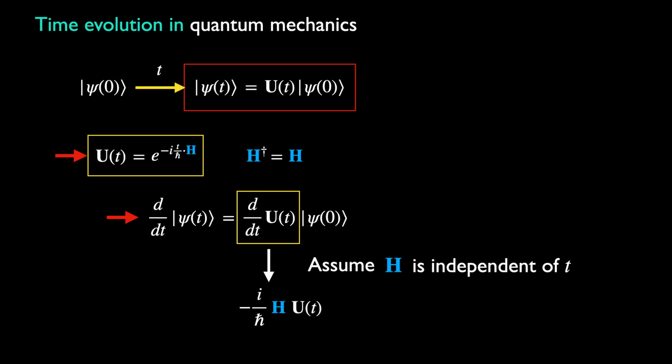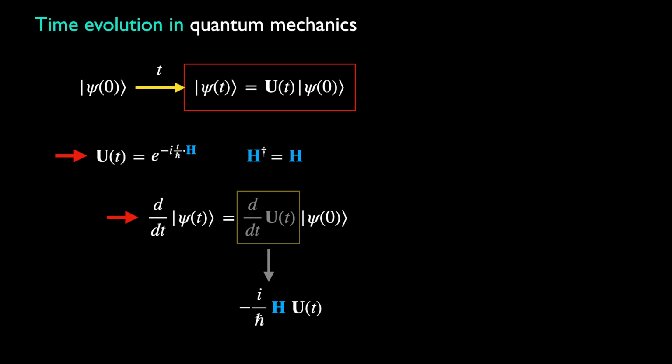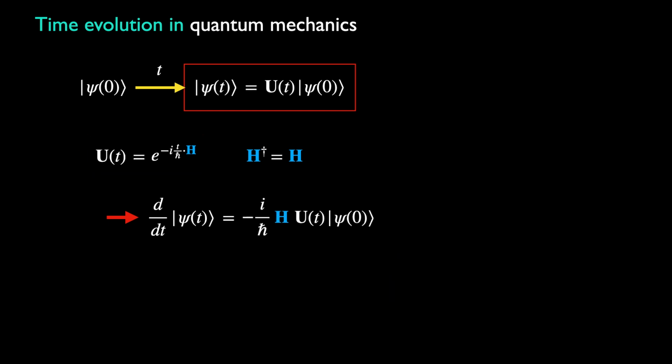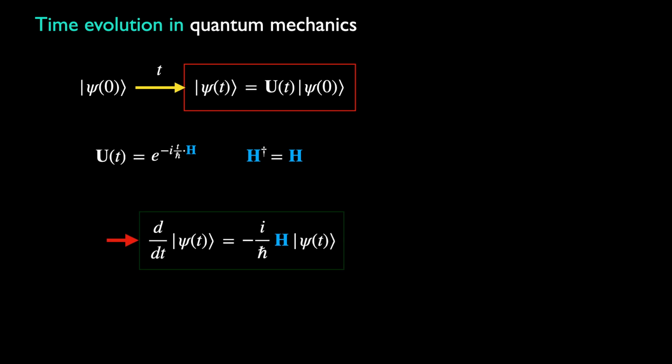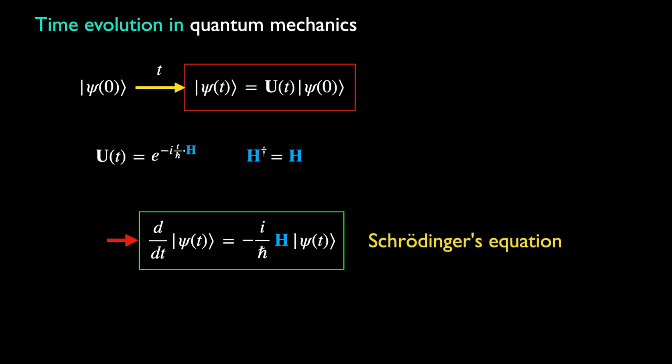Since H also represents the energy of the system, this implies that we are dealing with an isolated system. And we end up with a first-order differential equation that describes the time evolution of the state vector. This is the famous Schrodinger's equation.